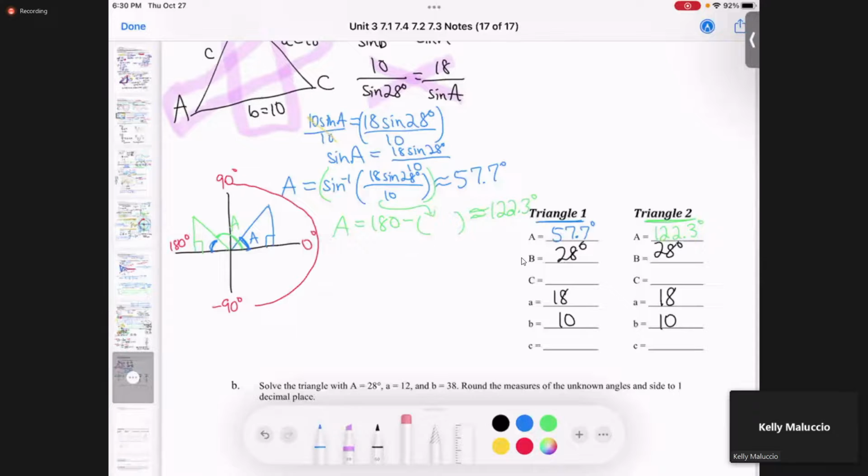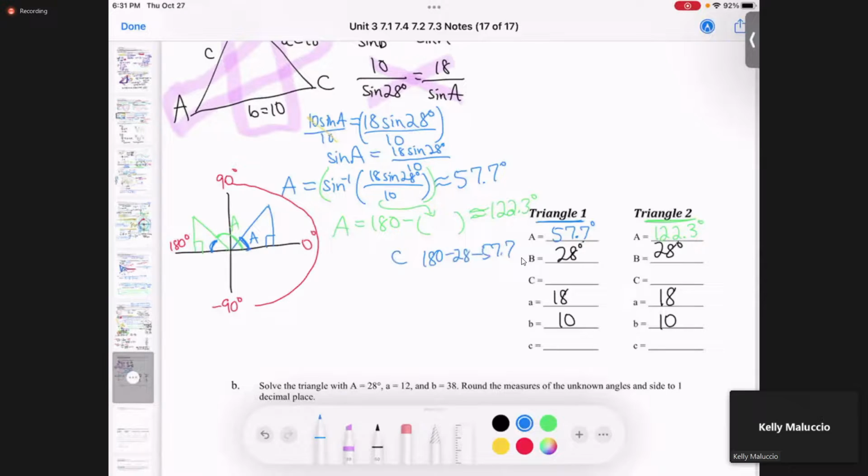From here, to find C, I'm just going to take 180 minus 28 minus 57.7, because they all should add up to 180.